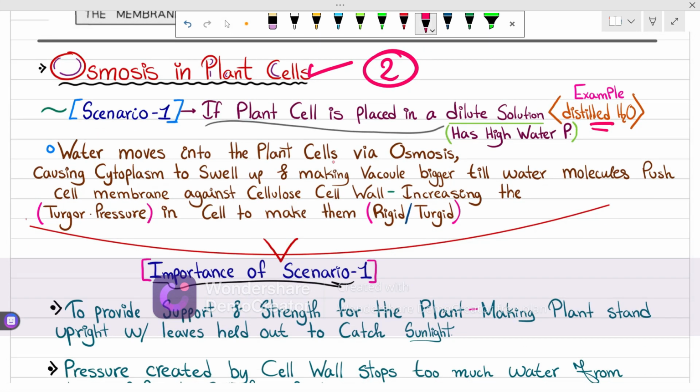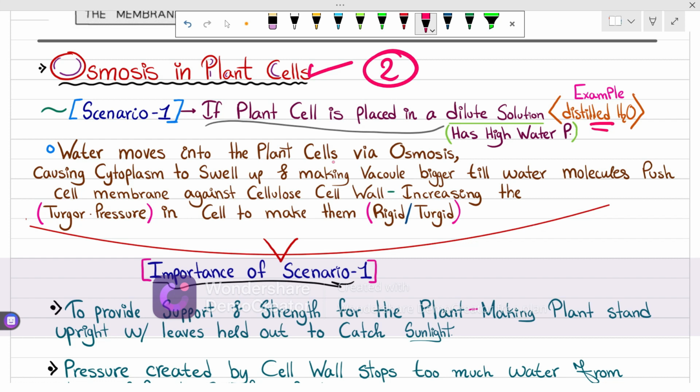Water moves into the plant cell via osmosis, causing the cytoplasm to swell up and making the vacuole bigger, till water molecules push the cell membrane against the cellulose cell wall, increasing the turgor pressure in the cell to make them rigid and turgid.